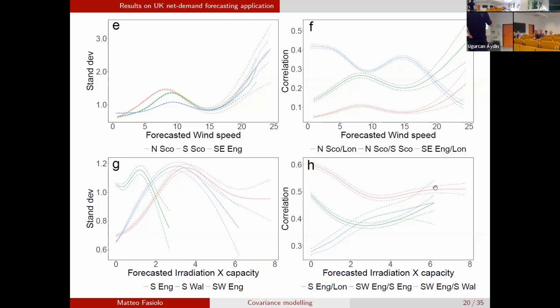In terms of how to interpret this strange shape, this interpretation comes from Zetro, who is an expert on this. If you have zero wind, there is no uncertainty related to wind production. As you start having more wind, there is more uncertainty because the turbines might be producing, but not at full speed. There's some uncertainty about the rate at which they might be producing.